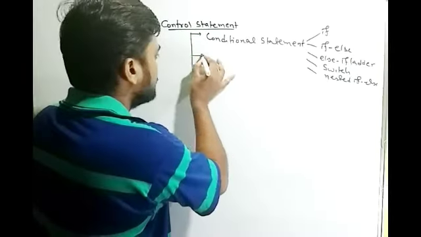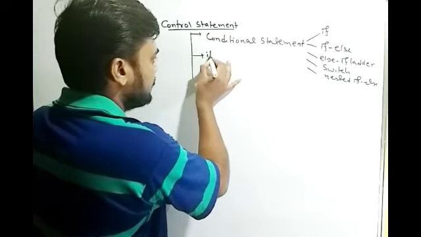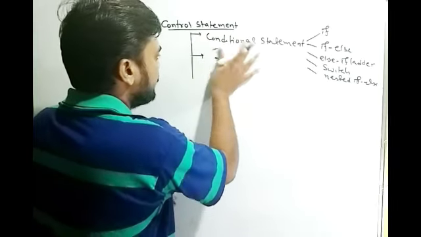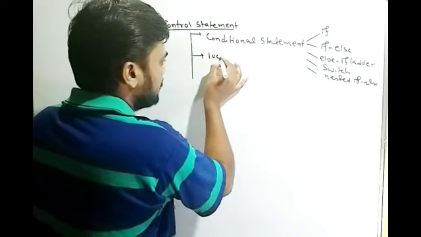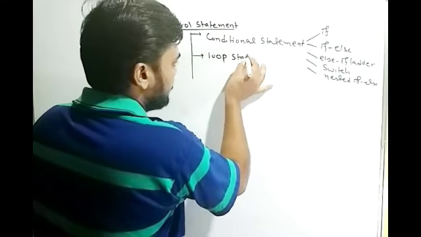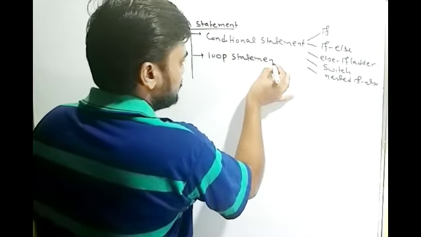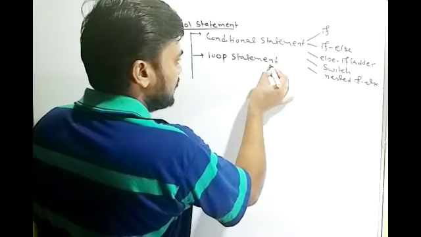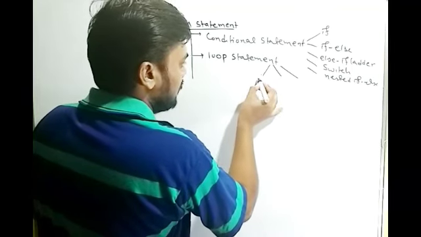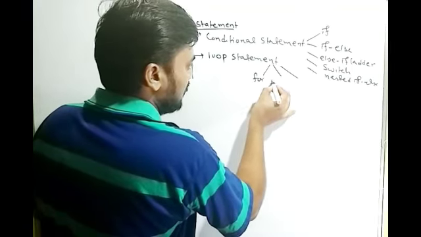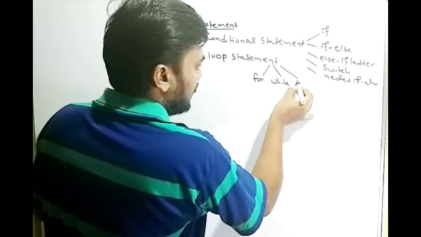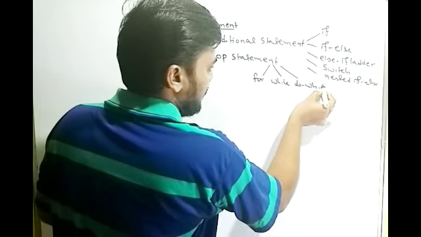The next type is iteration, or we can say loop statements. Loop statements are generally divided into for loop, while loop, and do while loop.